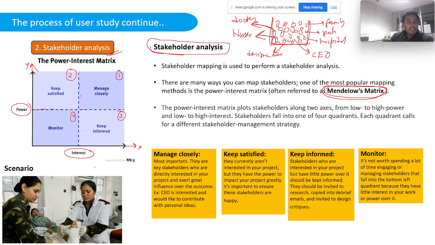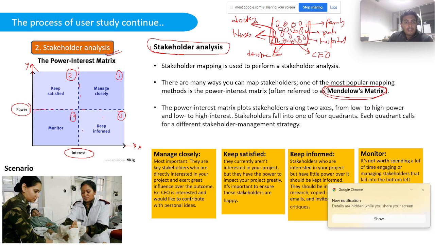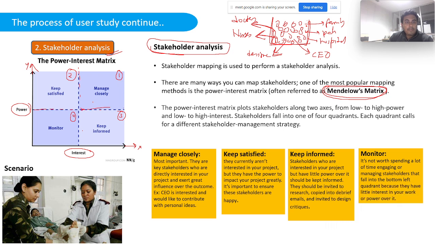Now, basically this matrix tries to define the stakeholders from the perspective of how much interest they take in a particular project and how much power they have to influence it. So this particular quadrant describes a stakeholder having high interest, and high power, because it is high in this direction and also high in this direction.